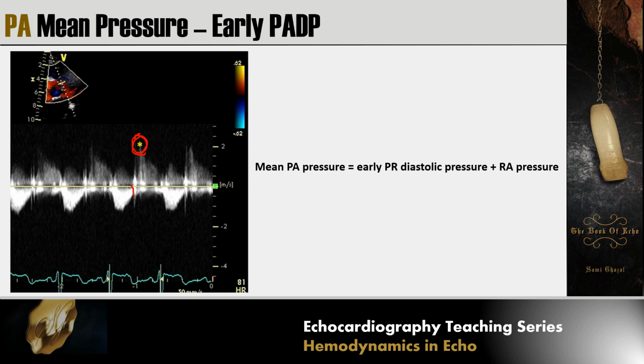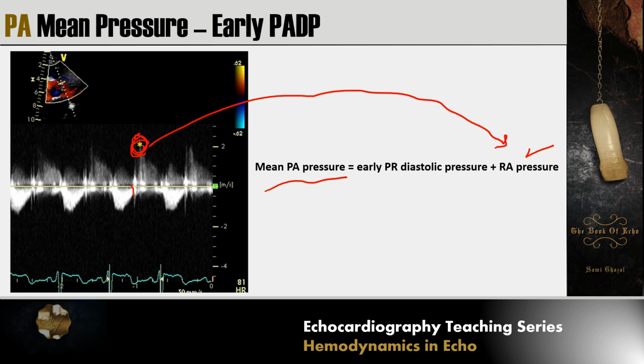And the way to do it, because this is the difference between the pulmonary artery pressure and the RV or the RA pressure, we will utilize the RA pressure as a surrogate for the RV pressure. So the mean pulmonary artery pressure will equal this pressure here plus the RA pressure.